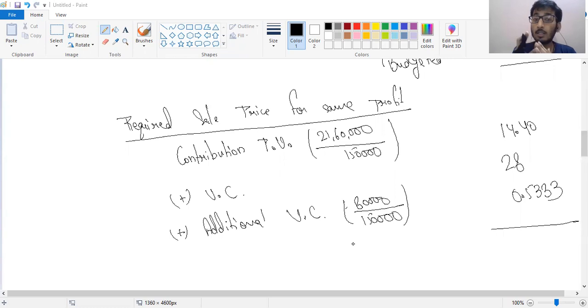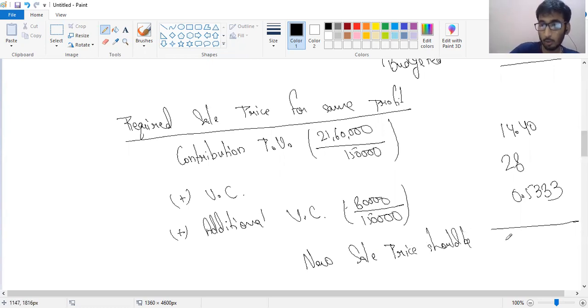The cost analysis revealed an excess spending of the variable factory overhead to the extent of 80,000. So per unit, we are having excessive spending of 53 paisa. So the new sale price should be 42.93. So this is the answer of the second part.